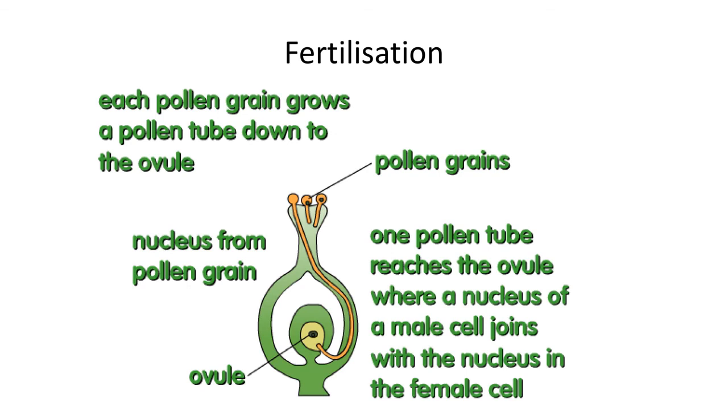You can see over here, each pollen grain grows a pollen tube down to the ovule. If this is the first pollen, it produces the tube. Can you see this tube? It reaches the ovule. This is the nucleus from the pollen grain, and this is the ovule. One pollen tube reaches the ovule, where the nucleus of the male cell joins with the nucleus of the female cell.